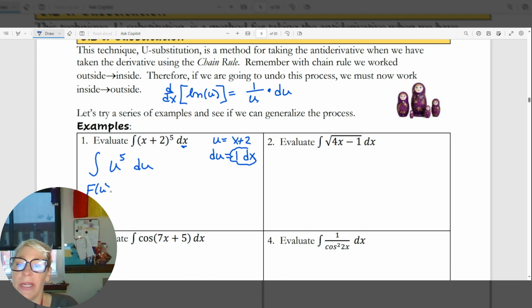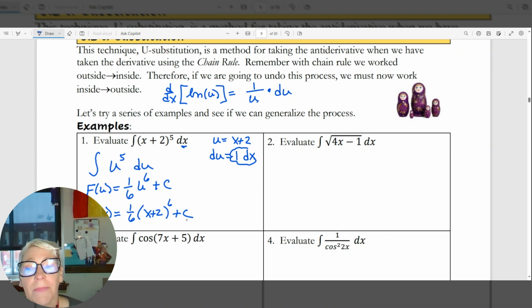This antiderivative in terms of u is: keep the base, add 1 to the exponent, divide by the new exponent, or multiply by its reciprocal, plus c. That's it. Now, our original problem was actually in terms of x, so we want to go back and replace our u's with x. So I have 1/6 u to the 6th, which is really (x plus 2) to the 6th plus c. And that's it.